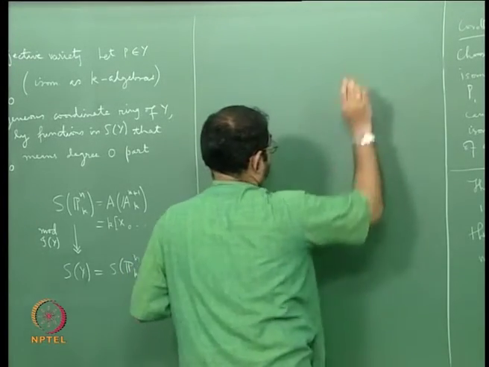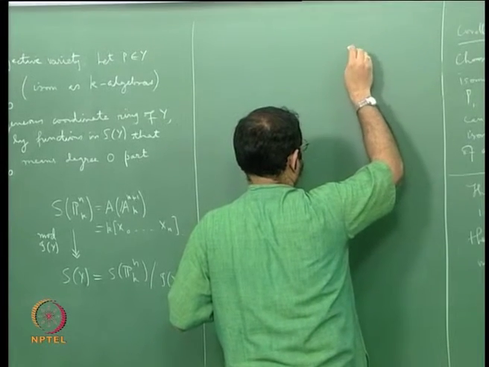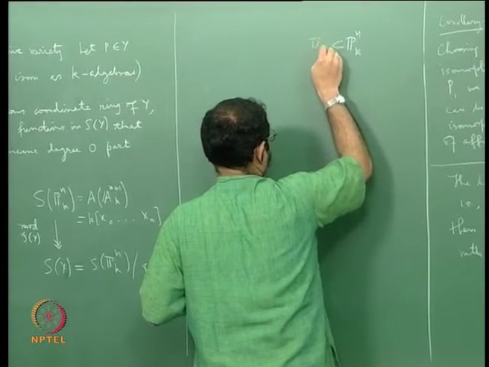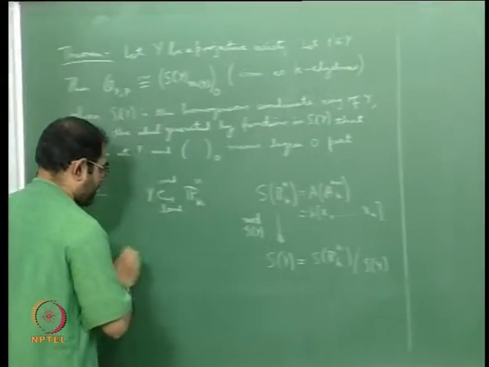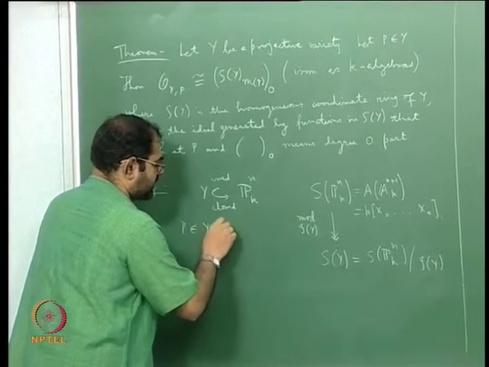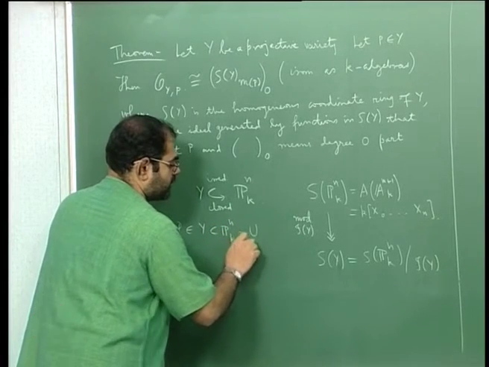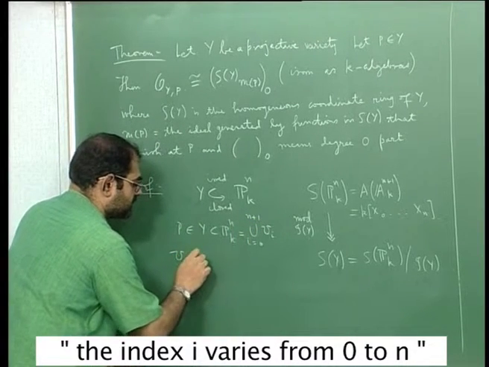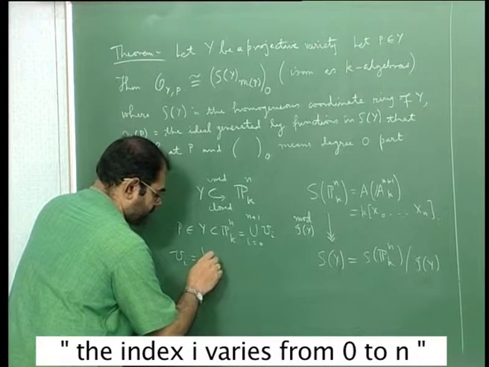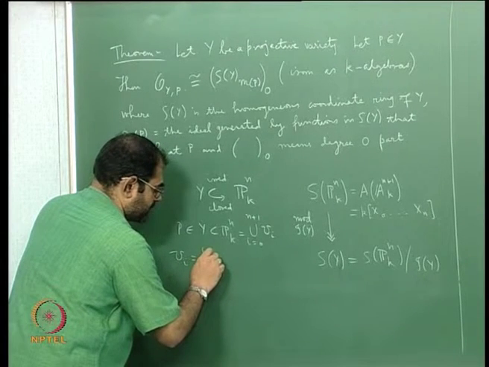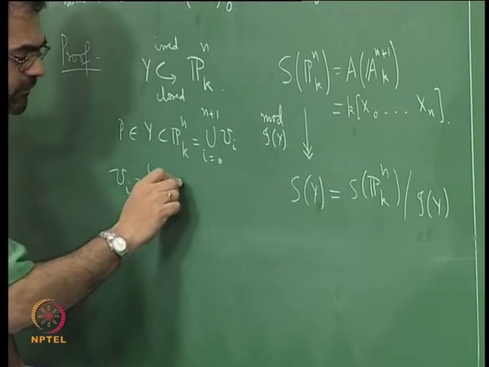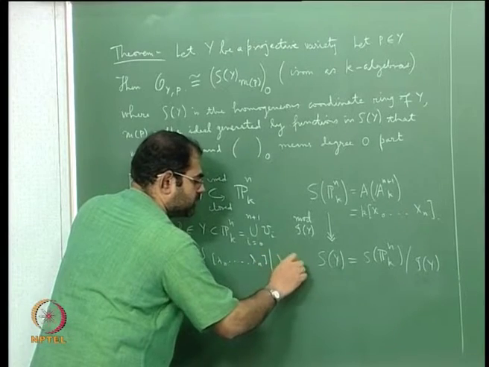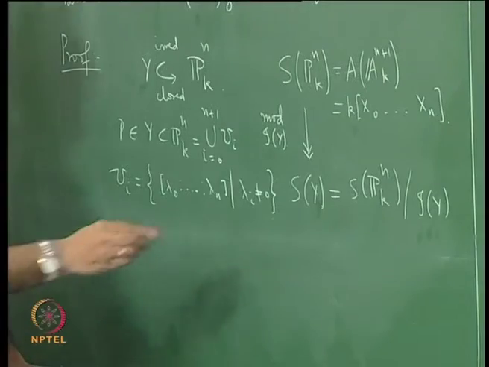I have P^n, I have U_i. So p is in Y, which is contained in P^n, which is the union for i equal to 0 to n of U_i, where U_i is the set of all points lambda with homogeneous coordinates lambda_0 through lambda_n, such that lambda_i is not 0.